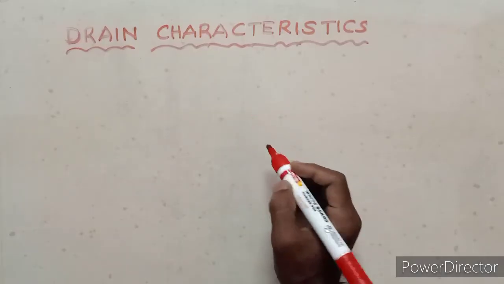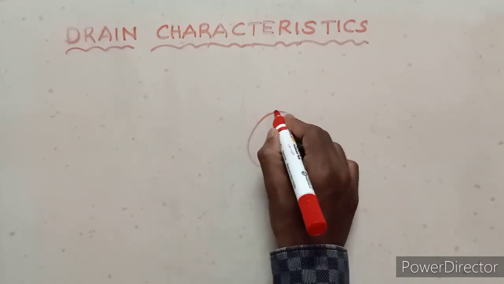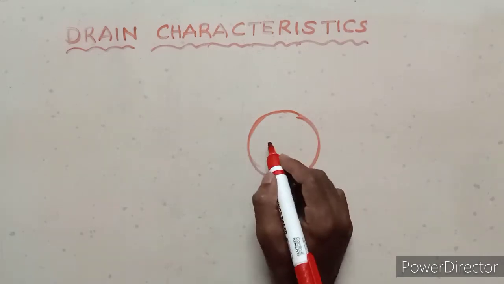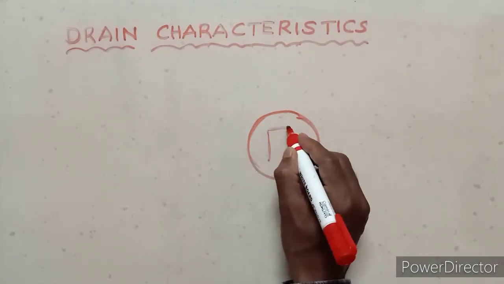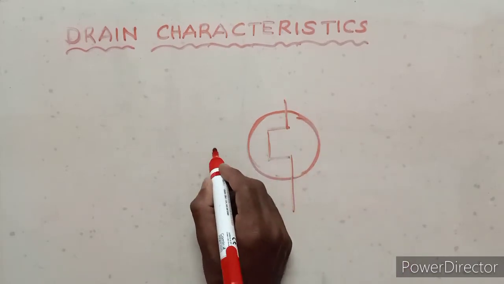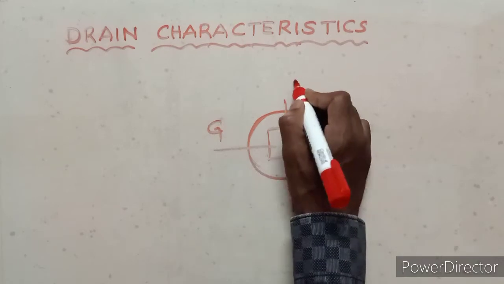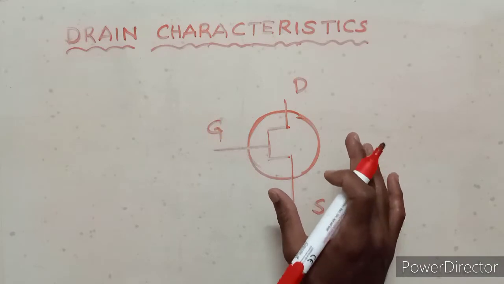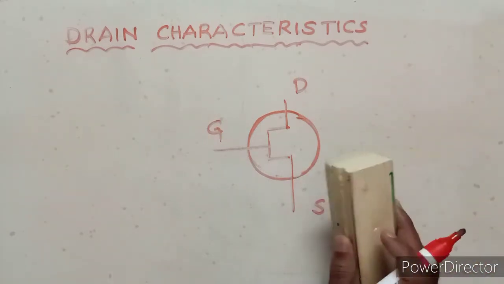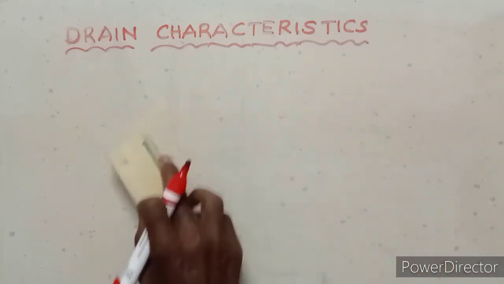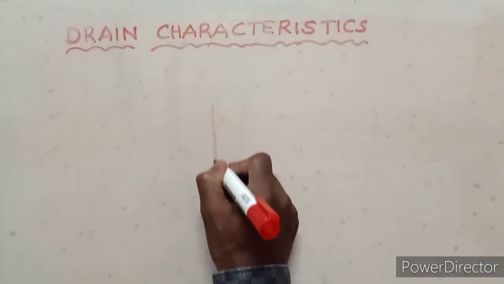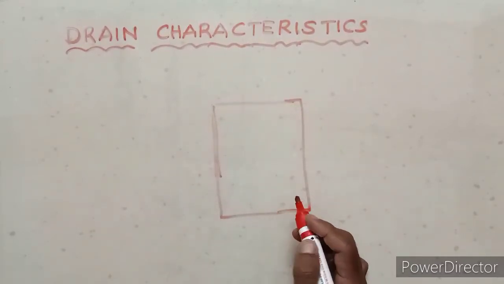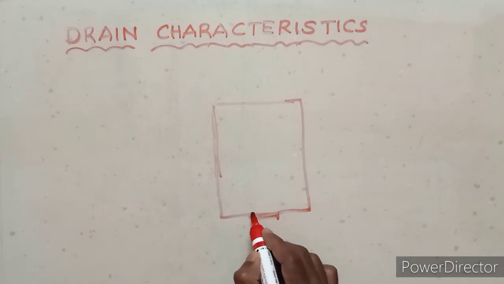Drain characteristics. First of all we observe the experiment. This is the gate, this is the drain, this is the source. This is the symbol, but junction field effect transistor is this type. Ohmic connections.